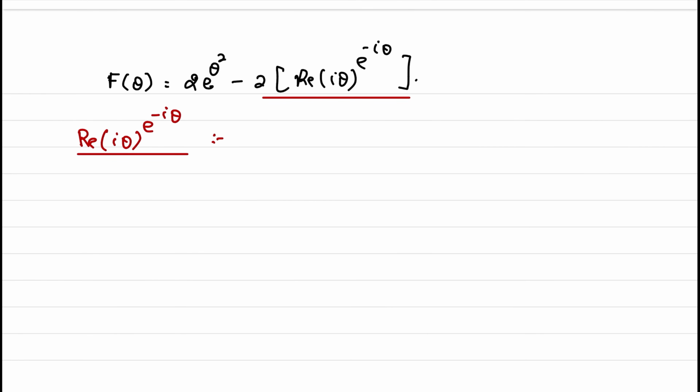Let us try to find this out. This is what we have to find out. What is actually i theta to the power of e to the power of minus i theta?